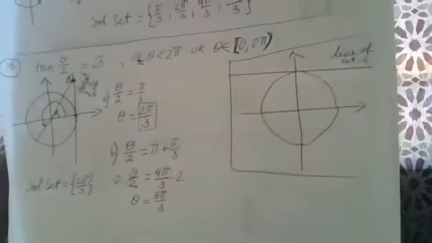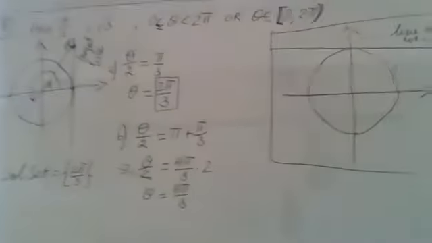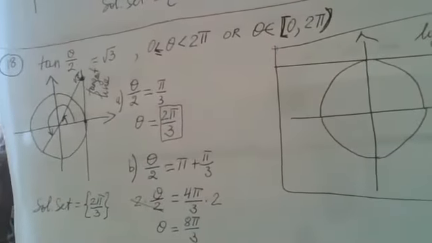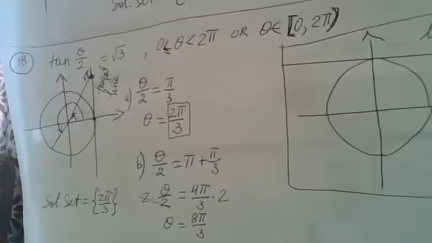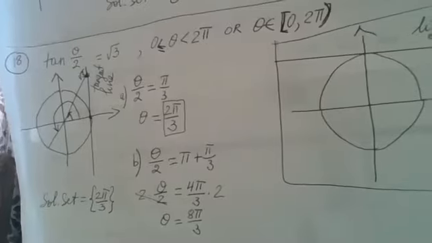Because of that, in our solution set we have only one angle, which is 2 pi over 3. It was the only angle we had in that interval. So that's it. This equation has one solution. I'm done with this problem.